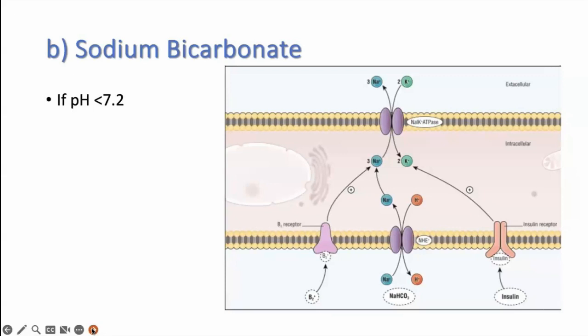So you can't be using it on its own. It takes too long. And by the time it's kicked in, you've most likely got a myocardium that is not stable, and you've already got these arrhythmias going on.